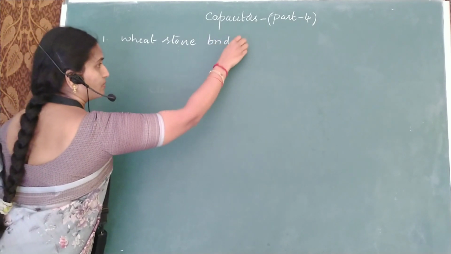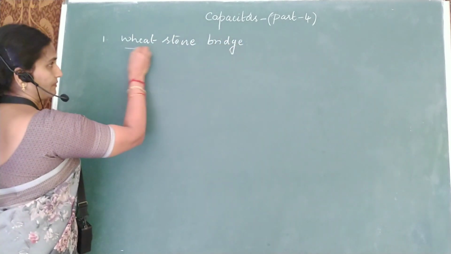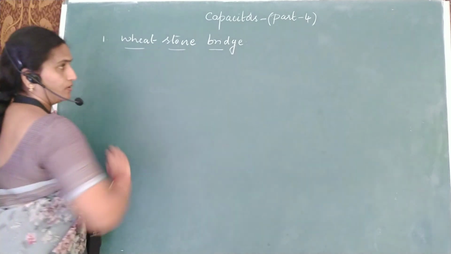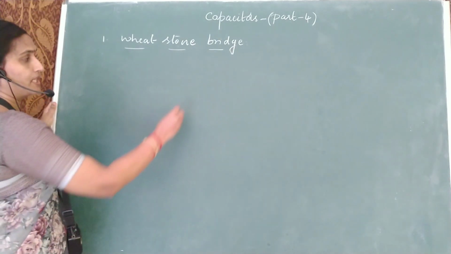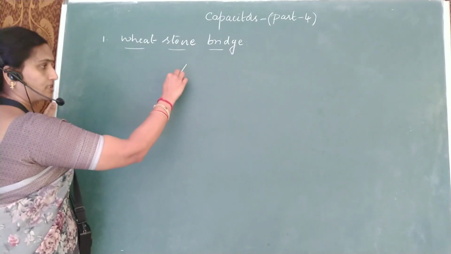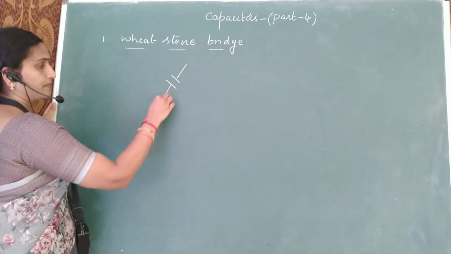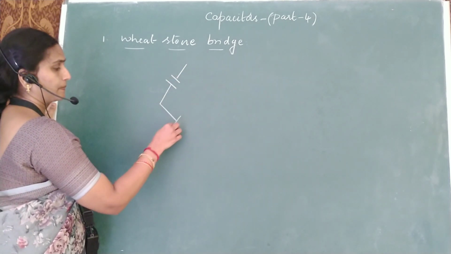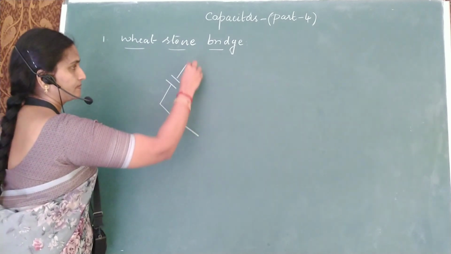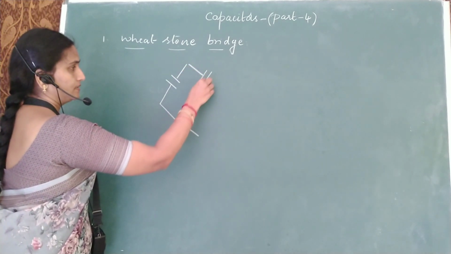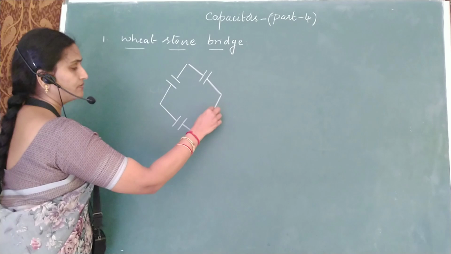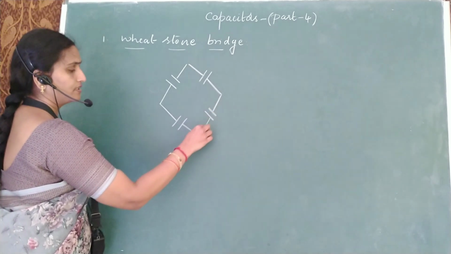So this is a Wheatstone bridge. You have a set of 5 capacitors arranged as shown in the figure. This type of arrangement we call a Wheatstone bridge arrangement.